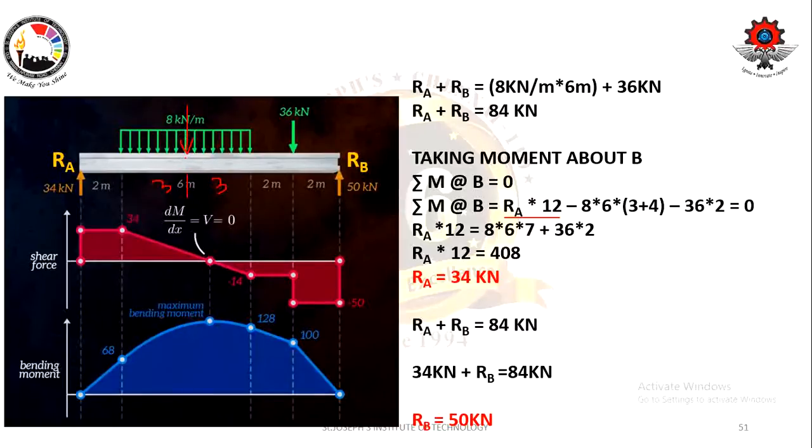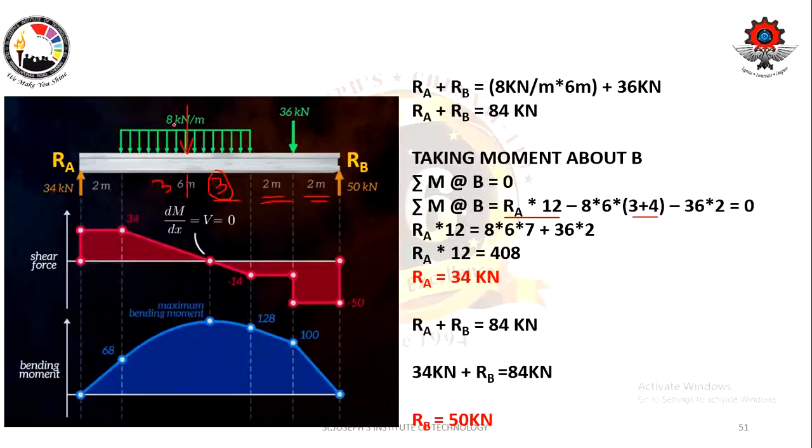Now taking this force about B, that will be 8 into 6 into this 3 plus 2 plus 2, right? That is what I have given here, 3 plus 4. This 3 plus 2 plus 2. So 3 plus 4.